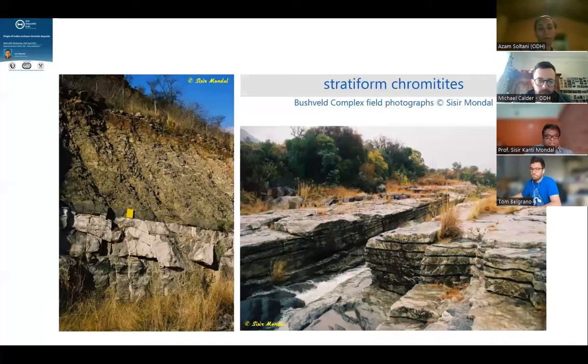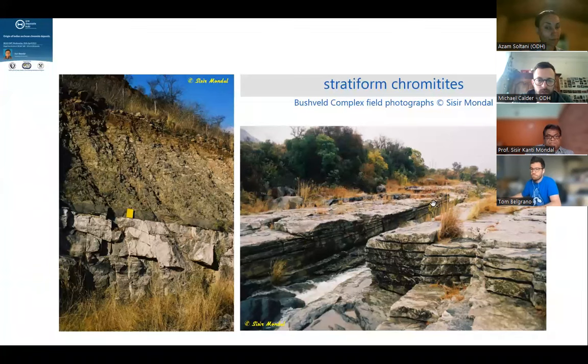This is a nice chromitite layer interlayered with silicate rocks above and below. Here it is anorthosite, and below that we have norite, and up on this chromitite layer we have pyroxenite.